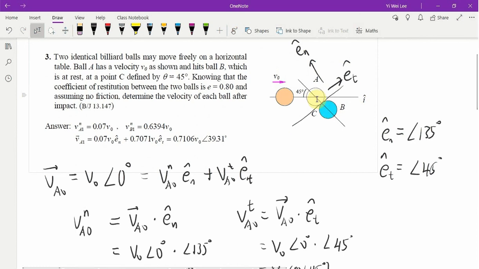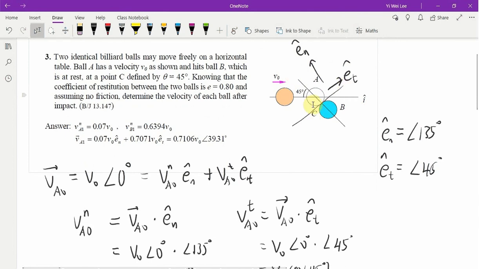In other words, the external force experienced by A is only in the EN direction. If the external force is only in the EN direction, it means that momentum is conserved in the ET direction.